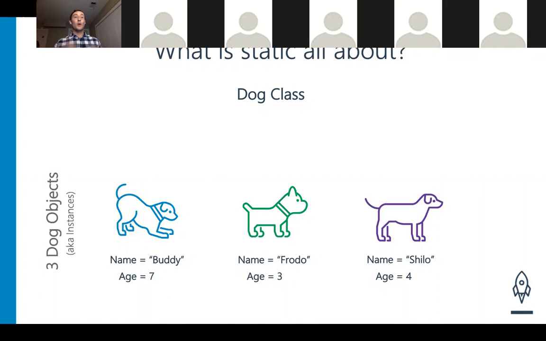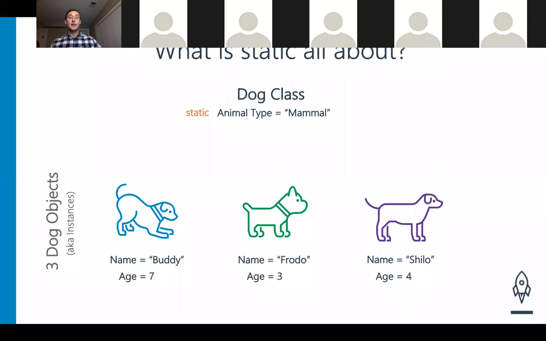Now, every dog, no matter where you get your dog from, will always be a mammal. Our animal type will always be a mammal, no matter what kind of dog you're creating. Mammal is a value that is shared across all dogs, no matter what you name them or what their age is. Therefore, this value isn't unique to any of our instances, so we can set it as static. What static means is that we don't provide this information into our specific instances, our specific dogs. This information is not accessible directly through a dog object.